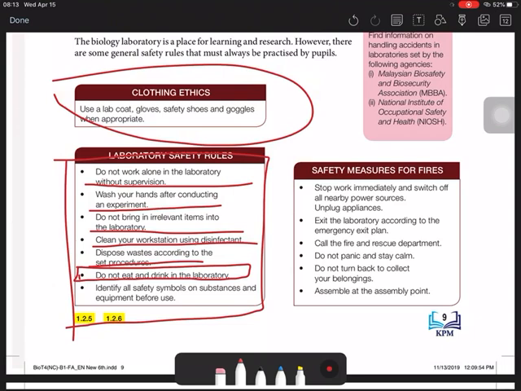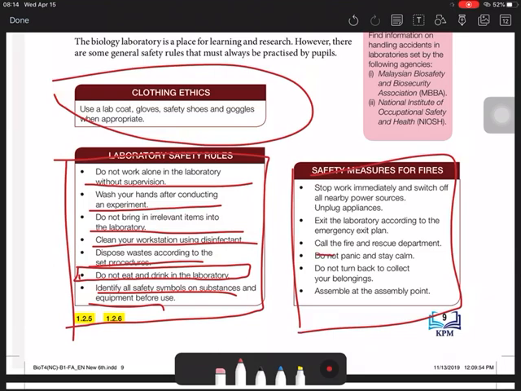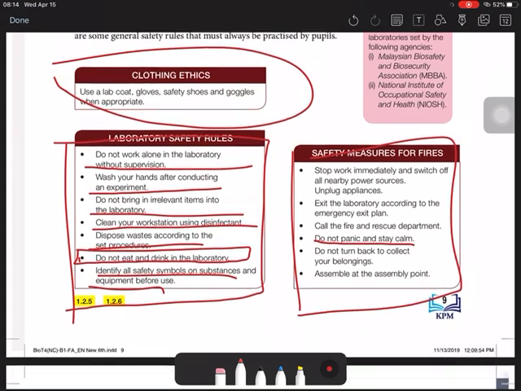Maybe sweets can, I guess, chewing gum. Identify all safety symbols on substances and equipment before use. In case of fires, don't panic and stay calm. Do not play with the emergency switch, like the one we had last time.